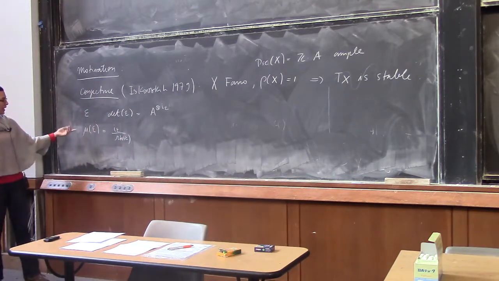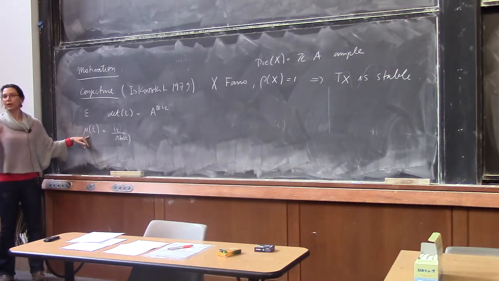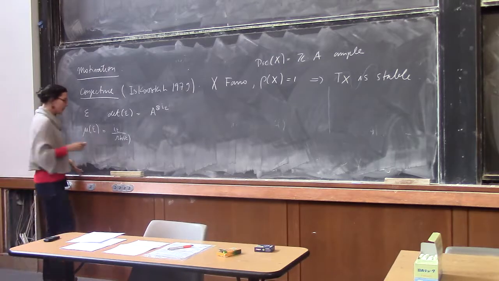And to say that it is stable means that any subsheaf of the tangent bundle must have a smaller slope than T_X.